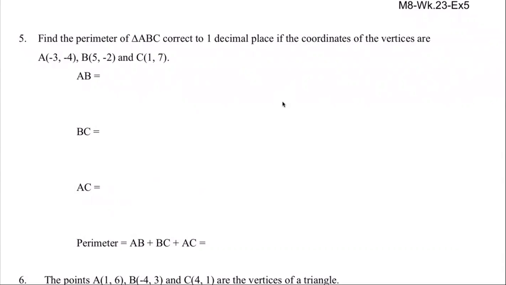Okay, so basically the question looks fancy, but the main idea of the question is still the distance formula, right? On the surface, we need to find the parameter or something that sounds fancy.